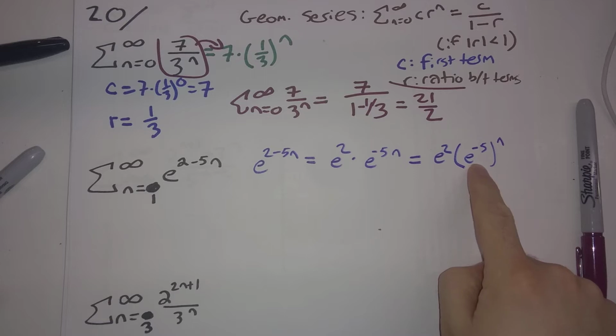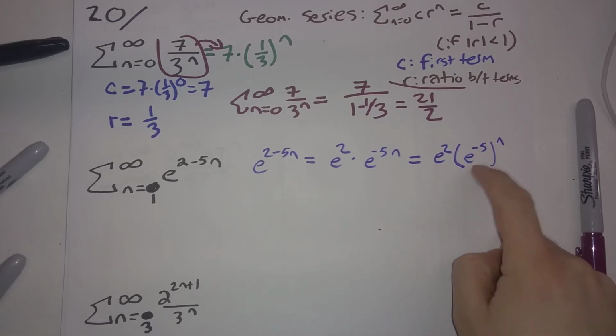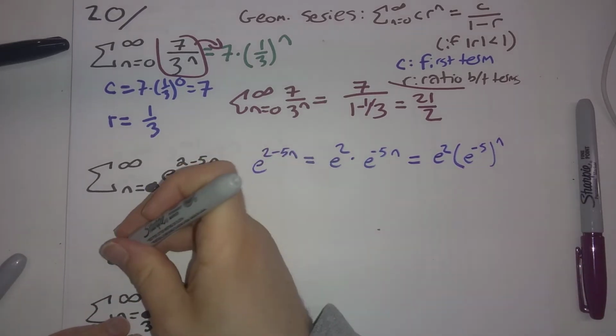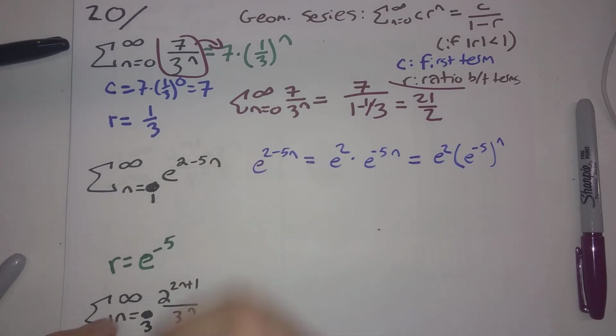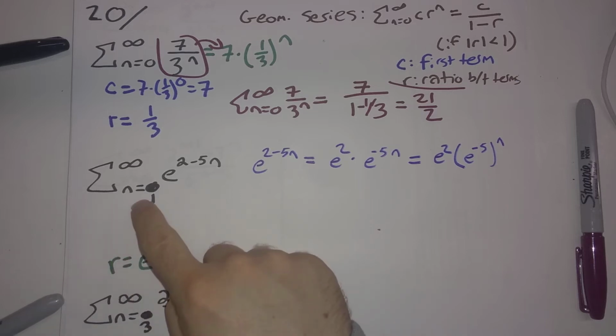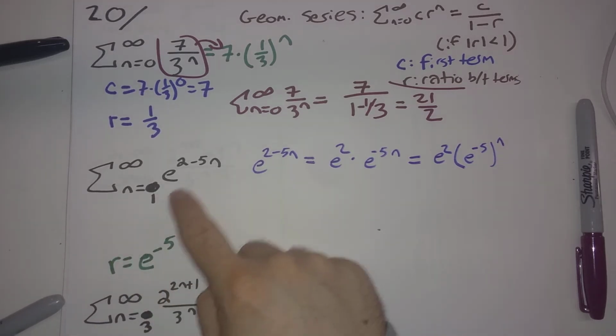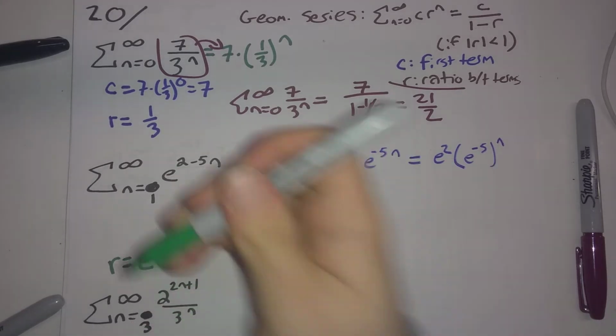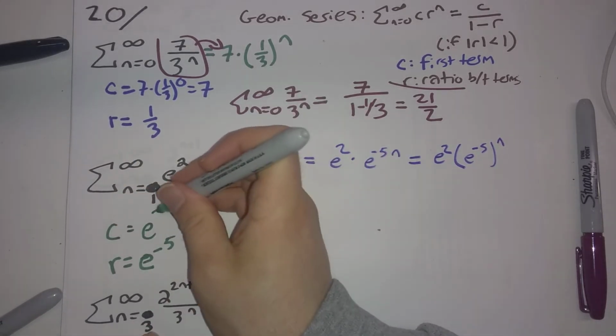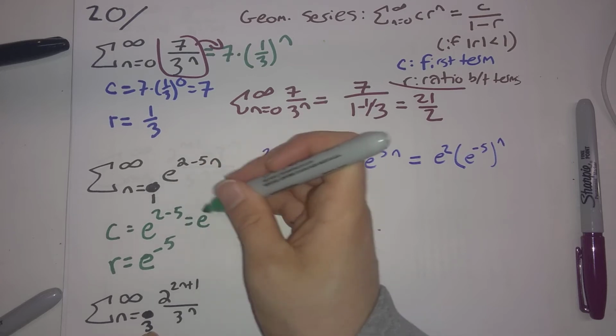From this, we can see our common ratio r is e to the minus 5th power. How about the first term? The first term is when n is equal to 1. I plug 1 in here and get e to the 2 minus 5, which is e to the minus 3.